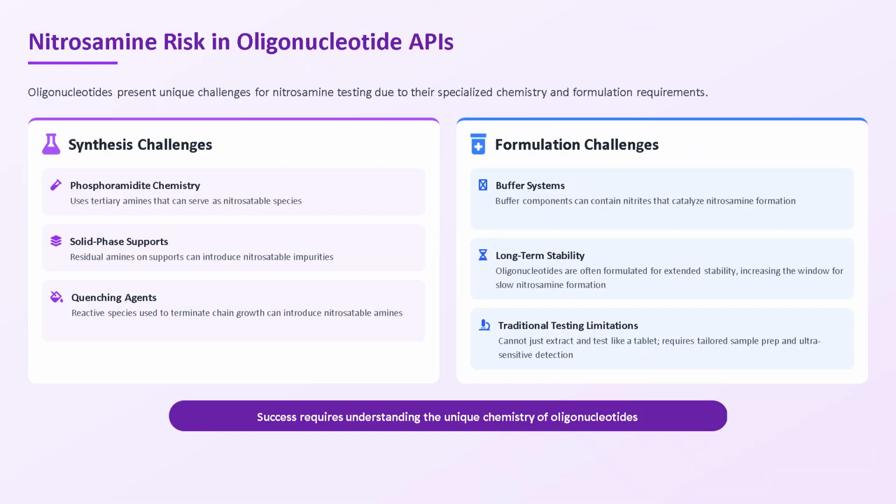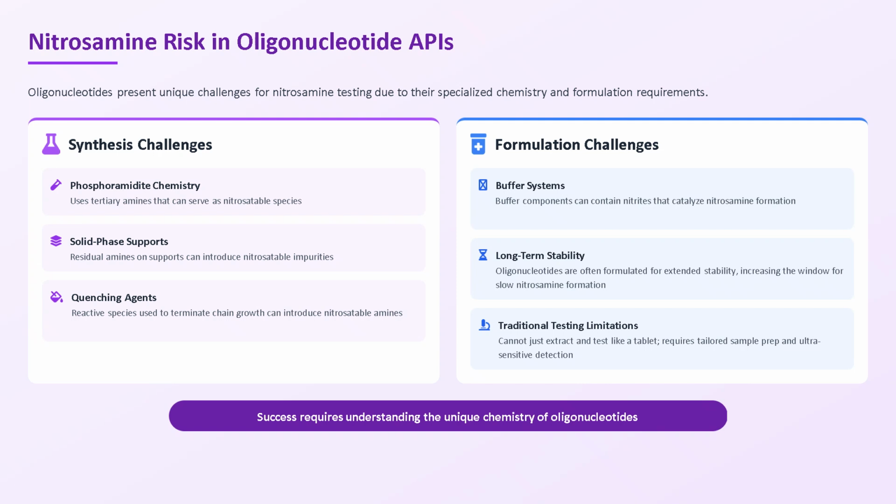Oligonucleotides bring a completely different challenge set. Their synthesis uses phosphoramidite chemistry, which involves tertiary amines that can act as nitrosatable species. Solid phase supports may carry residual amines, and quenching agents can introduce additional reactive impurities. Then comes formulation.